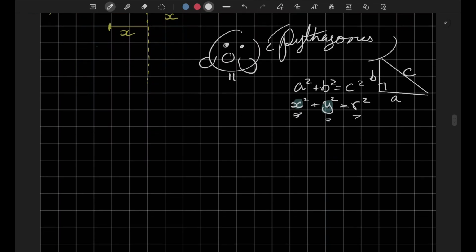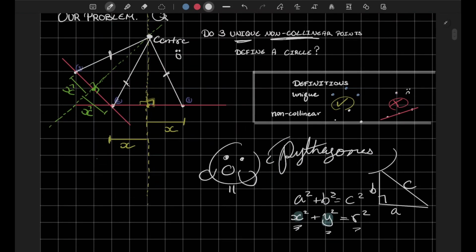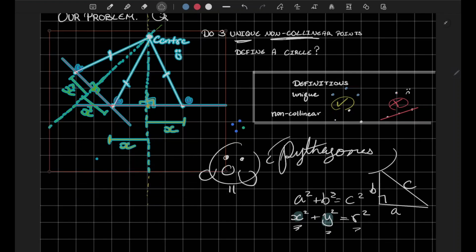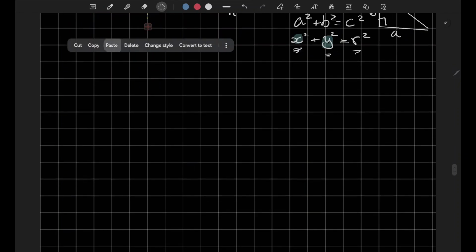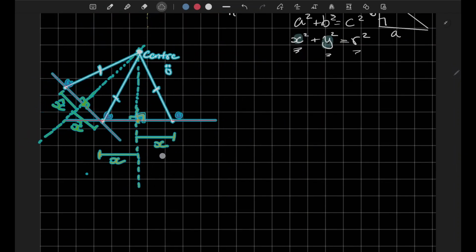Now, perhaps we should look at this more algebraically. It's just more of a visualization here. Let's just select everything so we can start over and look at it a little bit differently.